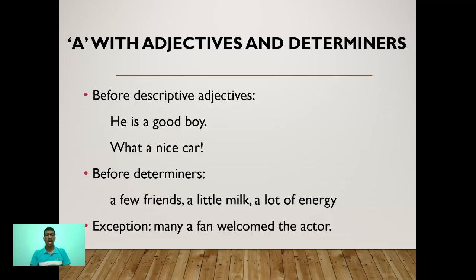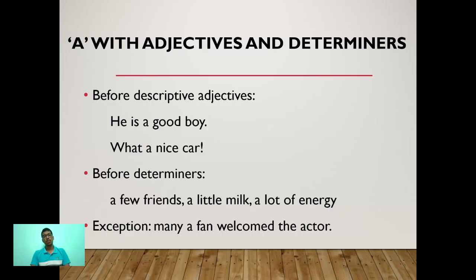What a nice car. Here, nice is the adjective. So we use this a in front of the adjective as a nice car because it speaks about one particular car. What a nice car. Before determiners, we use a few friends, a little milk, a lot of energy.